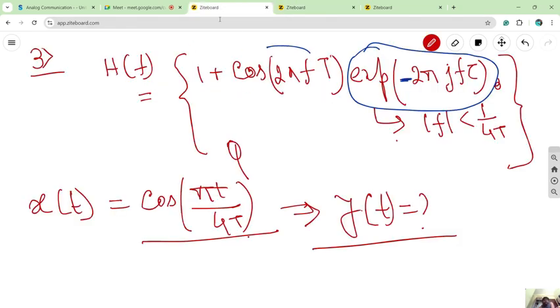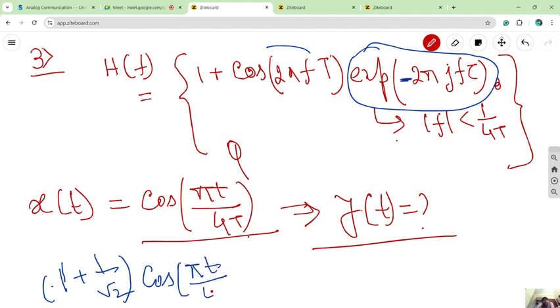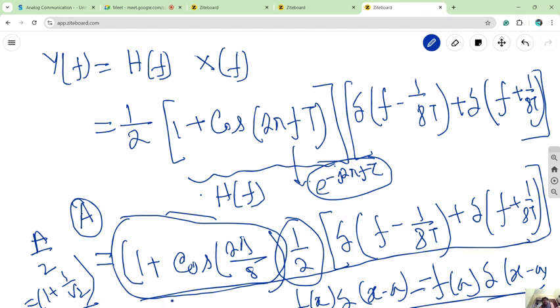In the previous one, the outcome was what? Already discussed: 1 plus 1 by root 2, the constant, into cos of pi t by 4t. Now there is a delay in this particular filter only, and this delay will be reflected here.